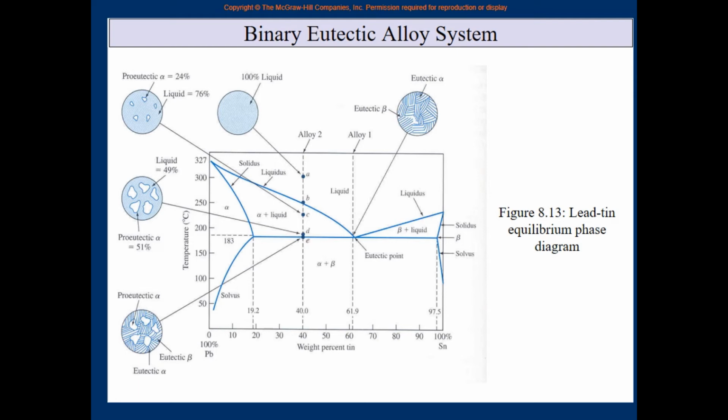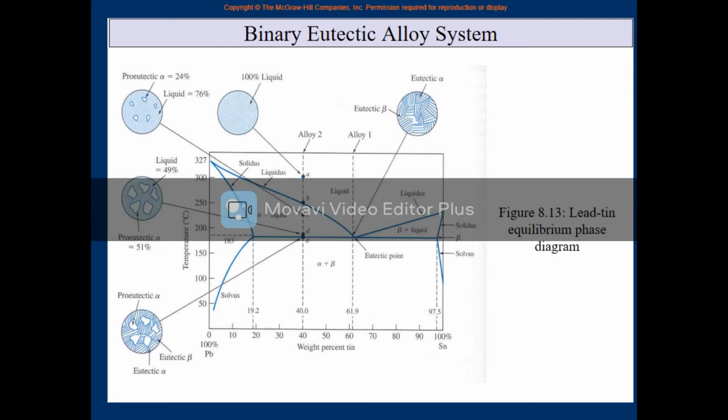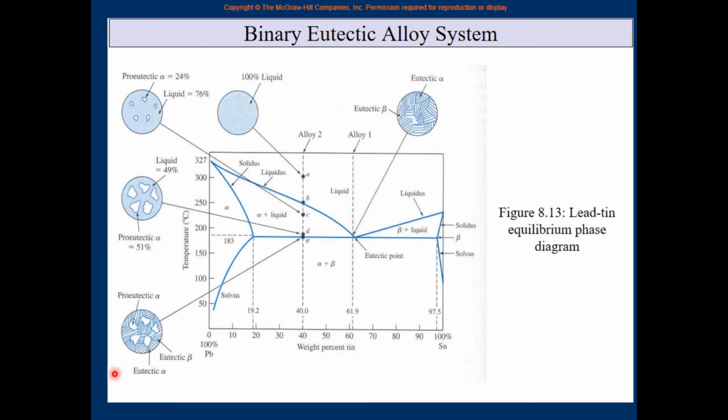Now let us take the other example, that if we have a 40% nickel sample. Sorry, 40% tin. I'm sorry, there is no nickel. This is a lead-tin diagram. So sorry for my mistake. 40% tin, right?